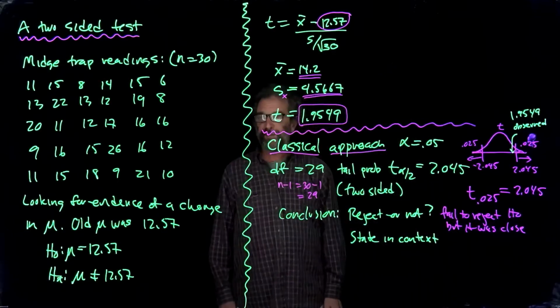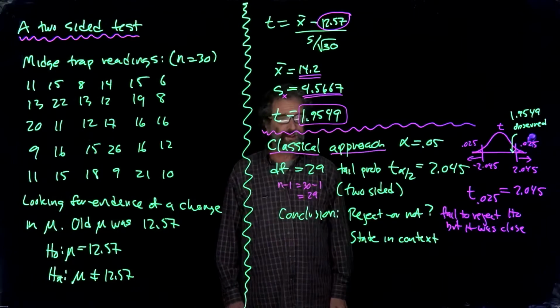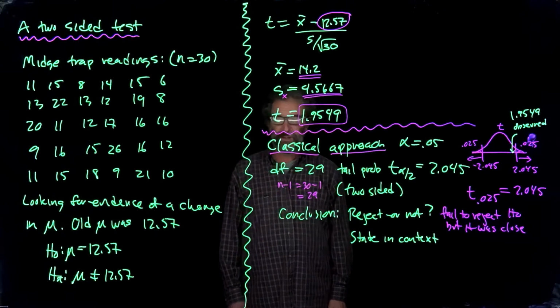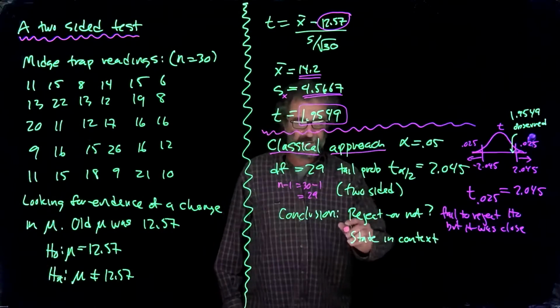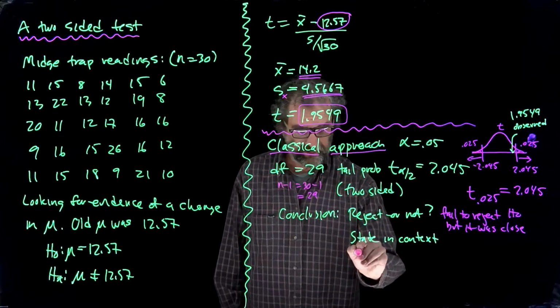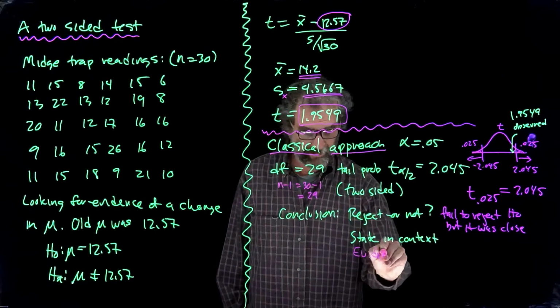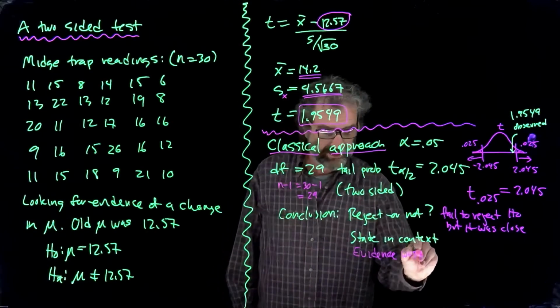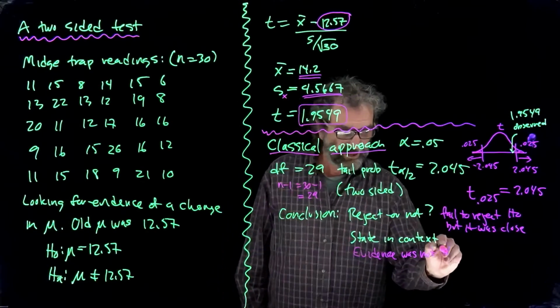Lots of times when we have a test statistic that's pretty close to the rejection level, we might say the evidence was not statistically significant.